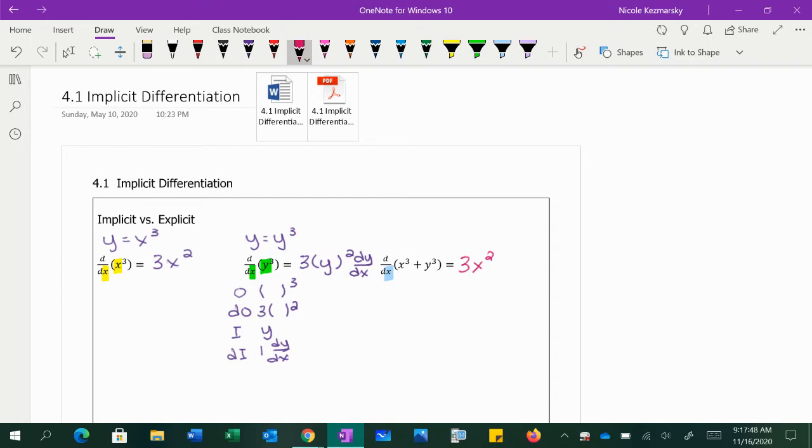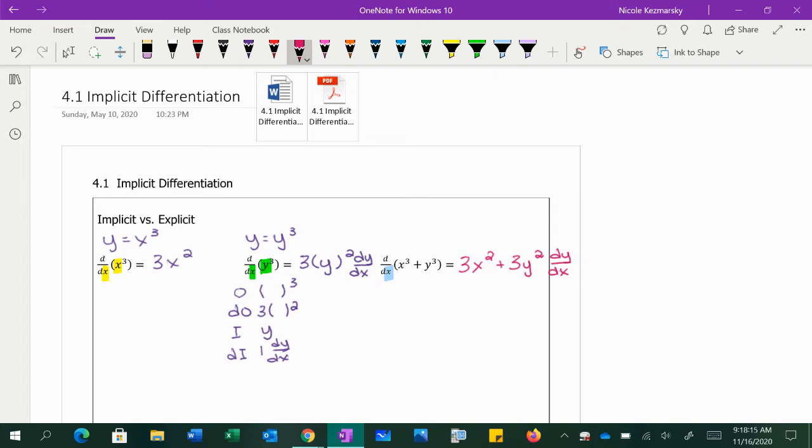We could, if we wanted to, write dx dx, but dx over dx is just 1. It's something over itself, so we don't write it. And then we're going to take the derivative of y cubed, which is going to be 3y squared. So take the derivative using power rule as we normally would for a variable, and then just put a dy dx after it.